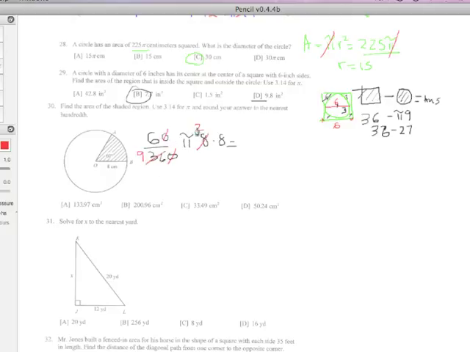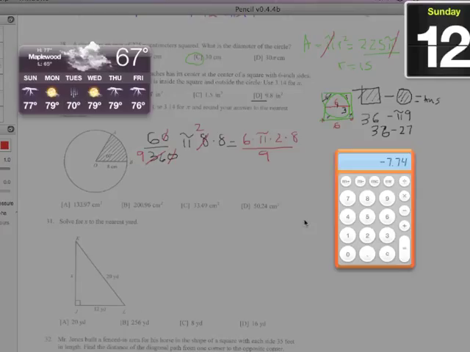So it's 6 times pi times 2 times 8 divided by 9. Should we go to the calculator? Why not? 6 times 3.14 times 2 times 8 divided by 9. So 33.49 centimeters squared. There it is.